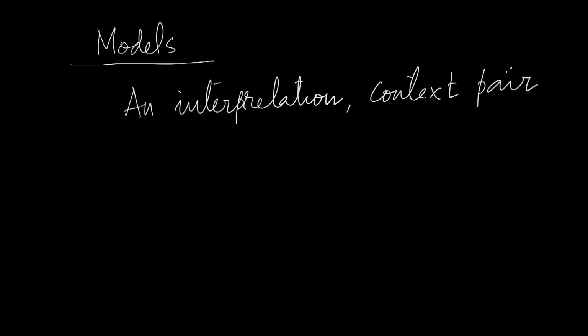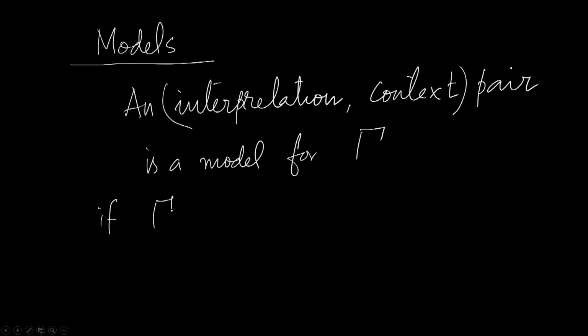Then we spoke about models. An interpretation context pair, which is what breathes life into the syntactic system that we have laid out, is a model for the set of proper axioms gamma if gamma is true in that pair.